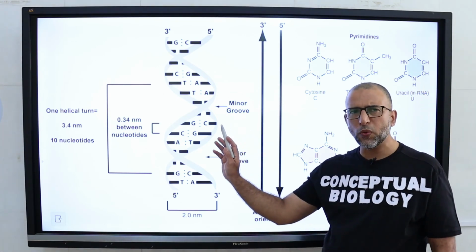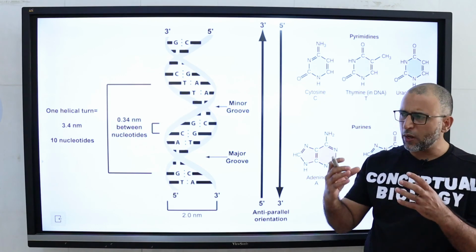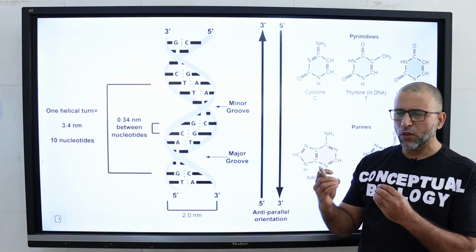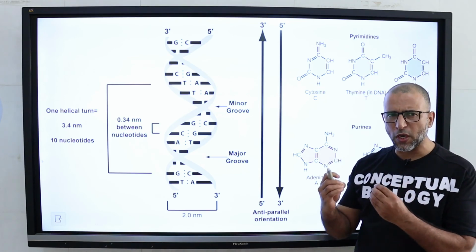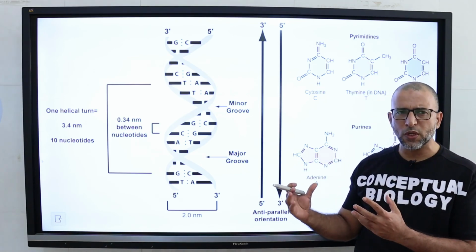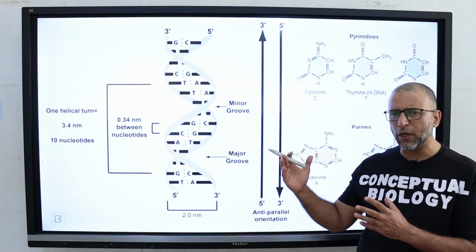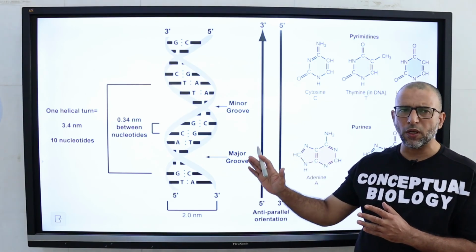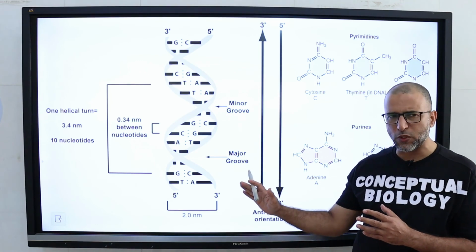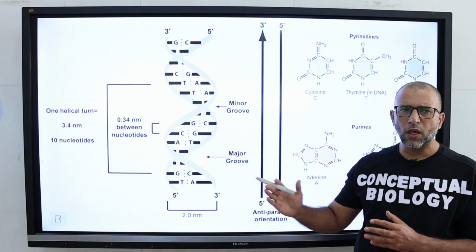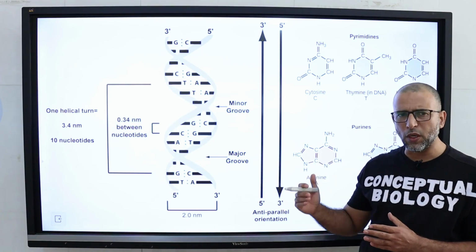Major and minor grooves arise from the anti-parallel arrangement of the two backbone strands. The grooves are actual structural features of the molecule, and they are important in the attachment of DNA binding proteins involved in replication and transcription. Replication means copying DNA to DNA, and transcription means copying DNA to RNA.